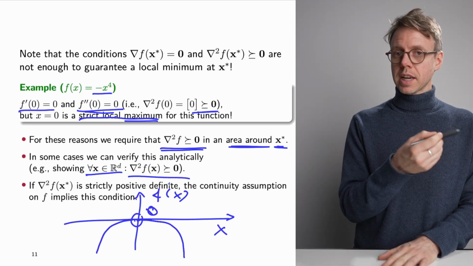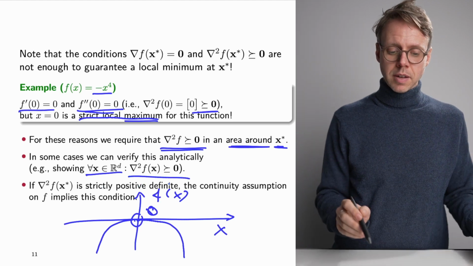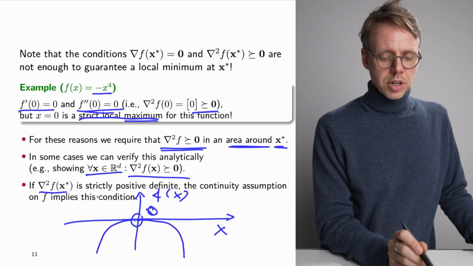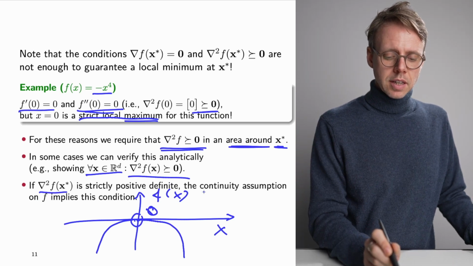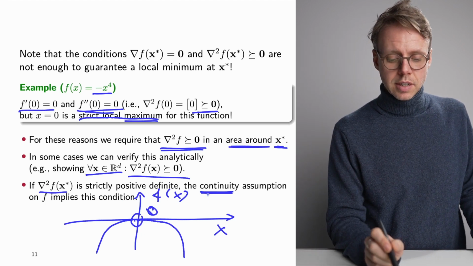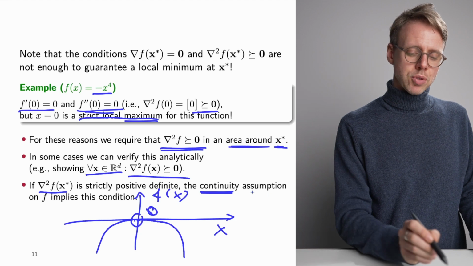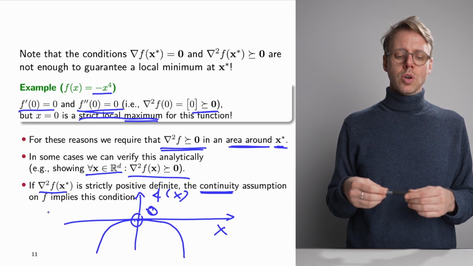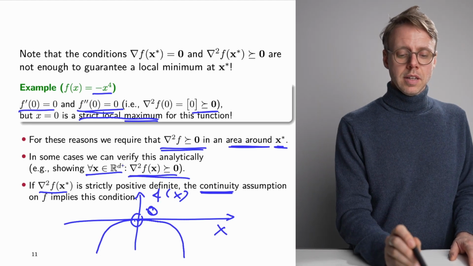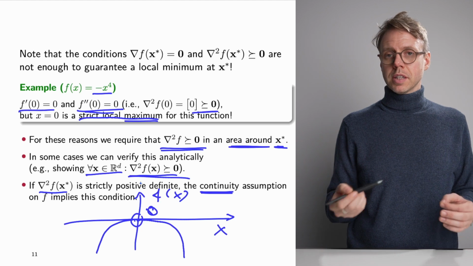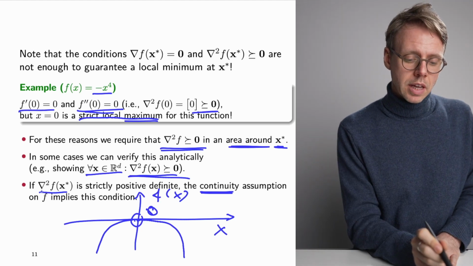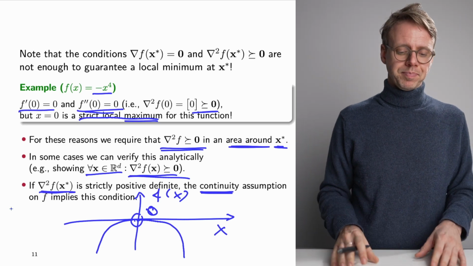Then certainly you know that any point where we have a 0 gradient would be a minimum. Or if the Hessian is strictly positive definite and the function is twice continuously differentiable, then by the continuity of the second derivative, the Hessian around this point is positive semi-definite, or even positive definite, in an area around the point x star.